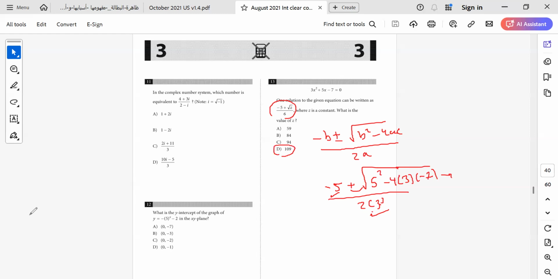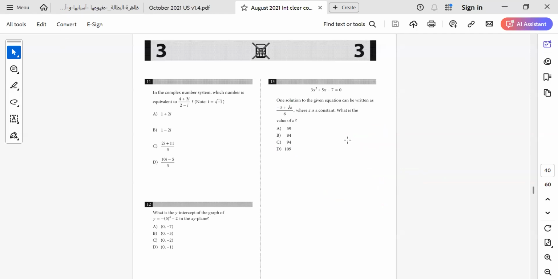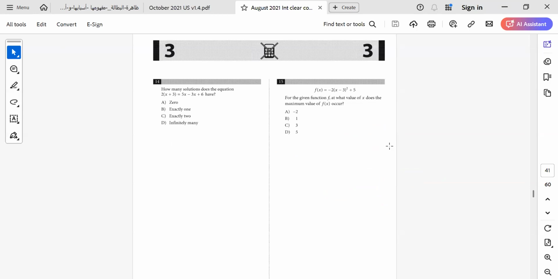Any problem in 12? How many solutions? Don't solve. I know if m is the same, I will summarize that part. The equation is written like this.